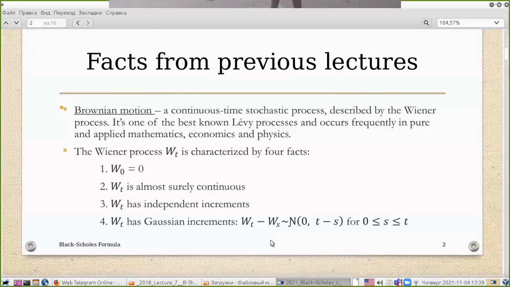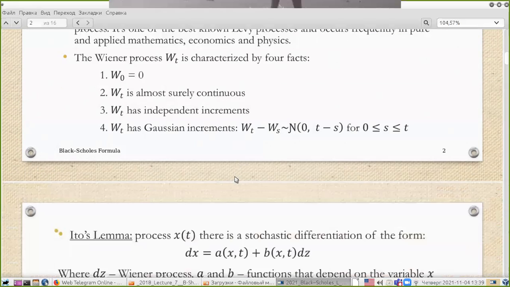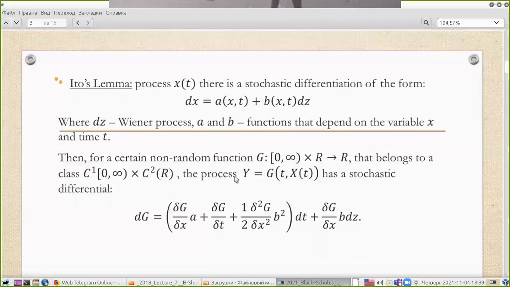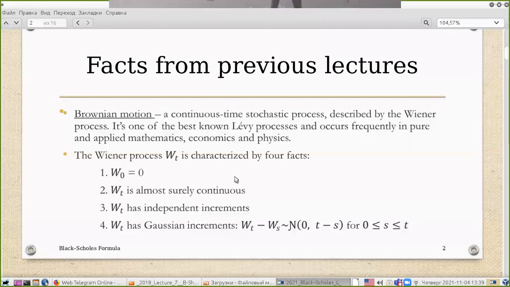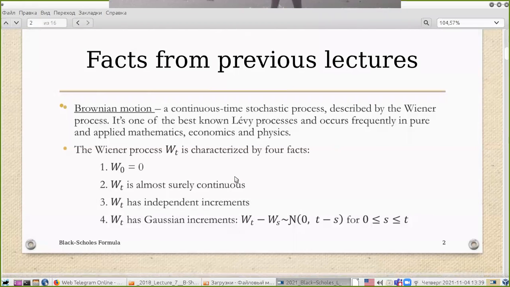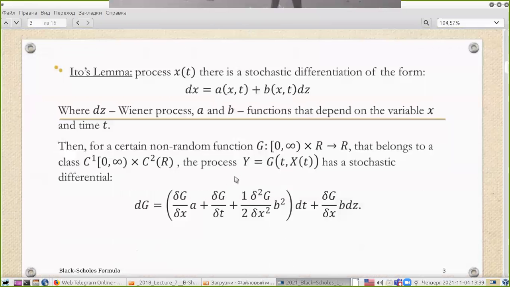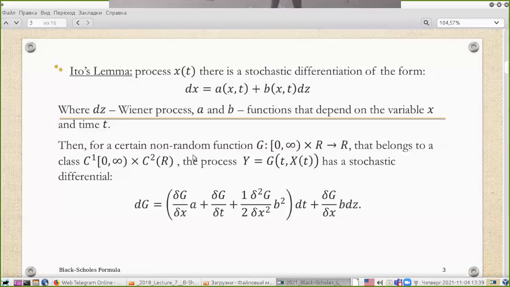There are other definitions, for example, we can define Brownian motion as a Levy process, but it doesn't matter. The first fact that you should remember is what Brownian motion is. The second fact is Ito's lemma.